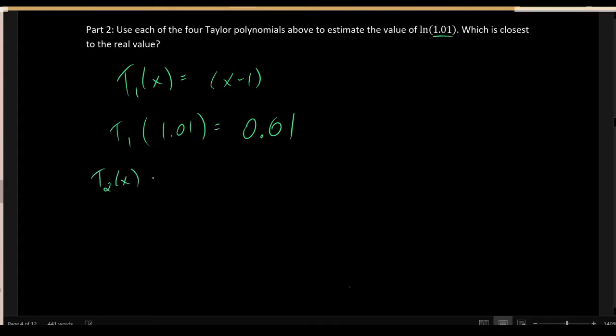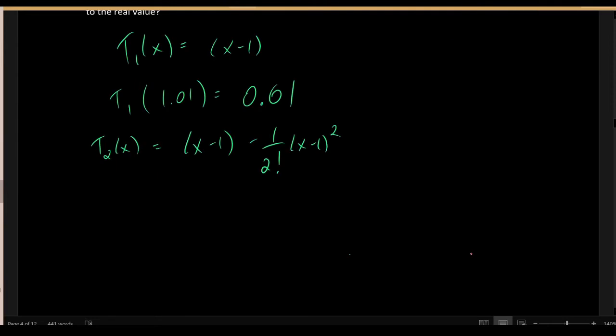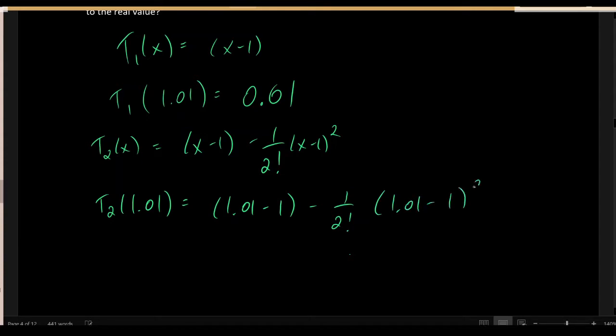If I used the second degree Taylor polynomial, then that estimate found by plugging 1.01 into that formula works out to be equal to 0.00995.